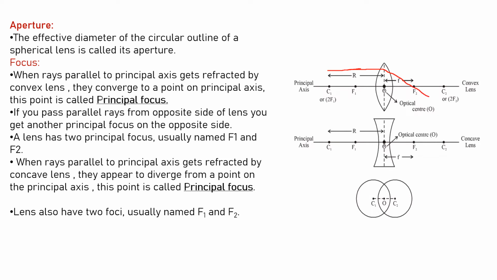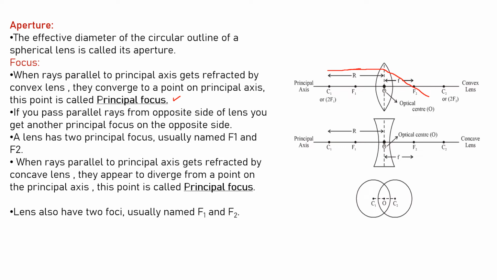For every dot object I need to take two rays. Here I have taken just one ray, but we are still to do the images. This is just to explain it to you. So they converge at a point on the principal axis. This point is known as the principal focus. This is a very new point in lenses.